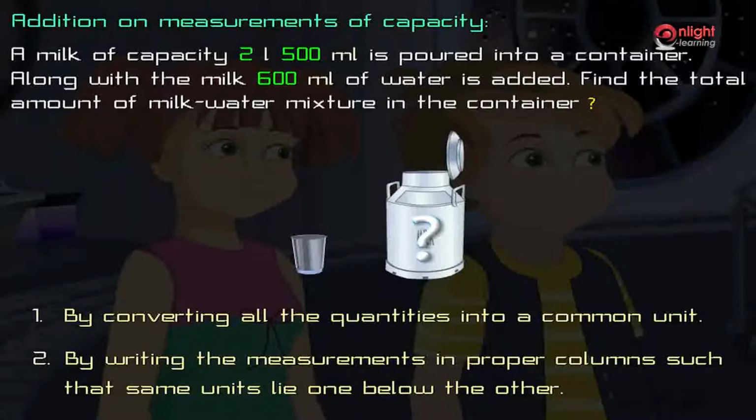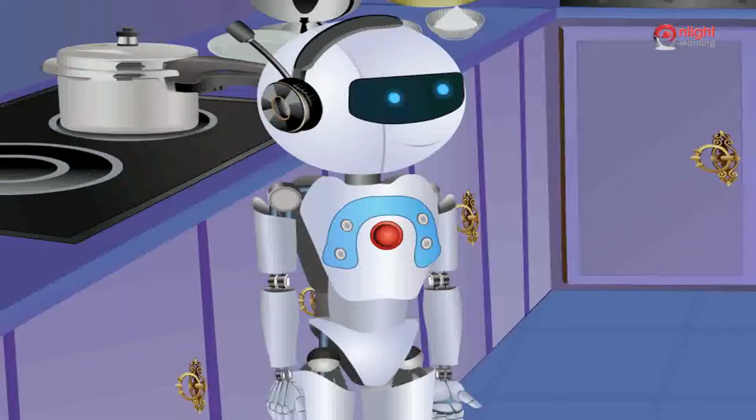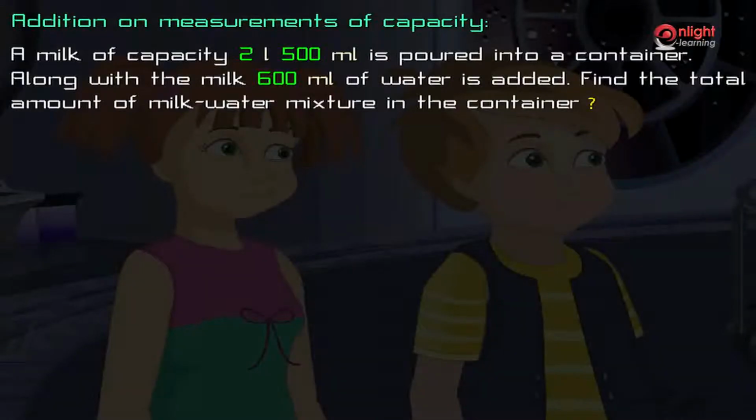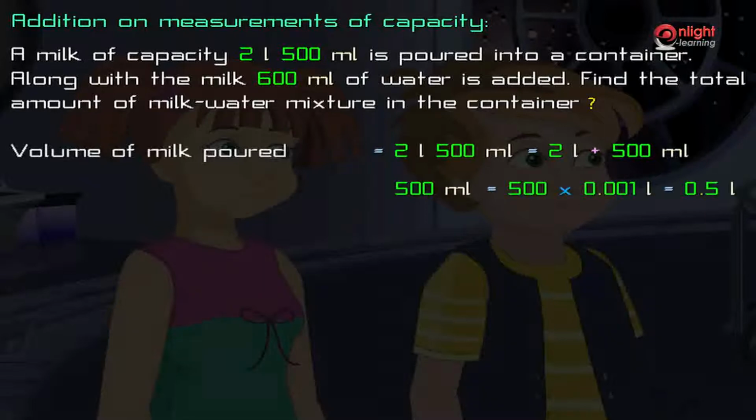Let us first employ the method of expressing in common units to solve this problem. In this method, all the quantities are expressed in a single unit. Let us express them in liters. Hence, volume of milk poured in liters is equal to 2 liters 500 milliliters, which is equal to 2.5 liters.